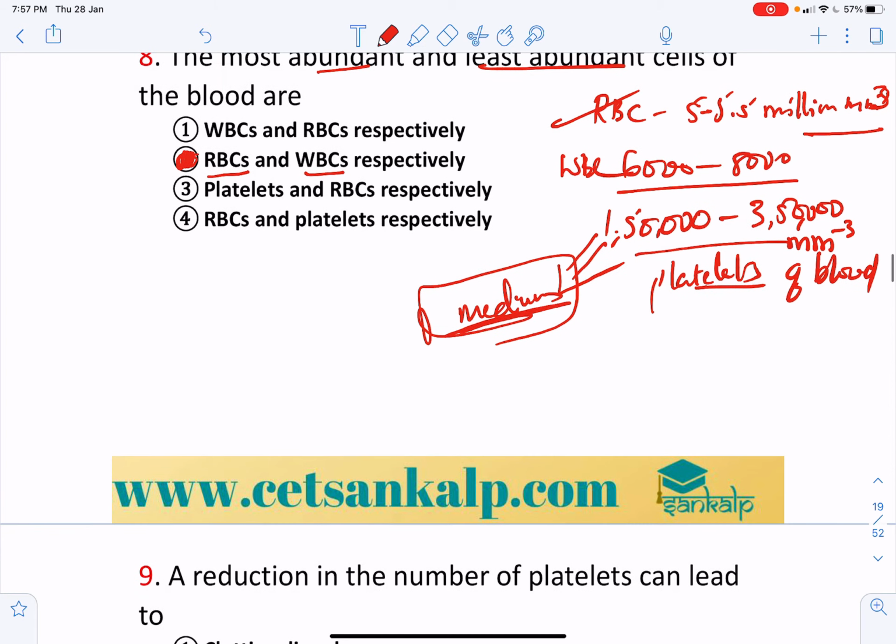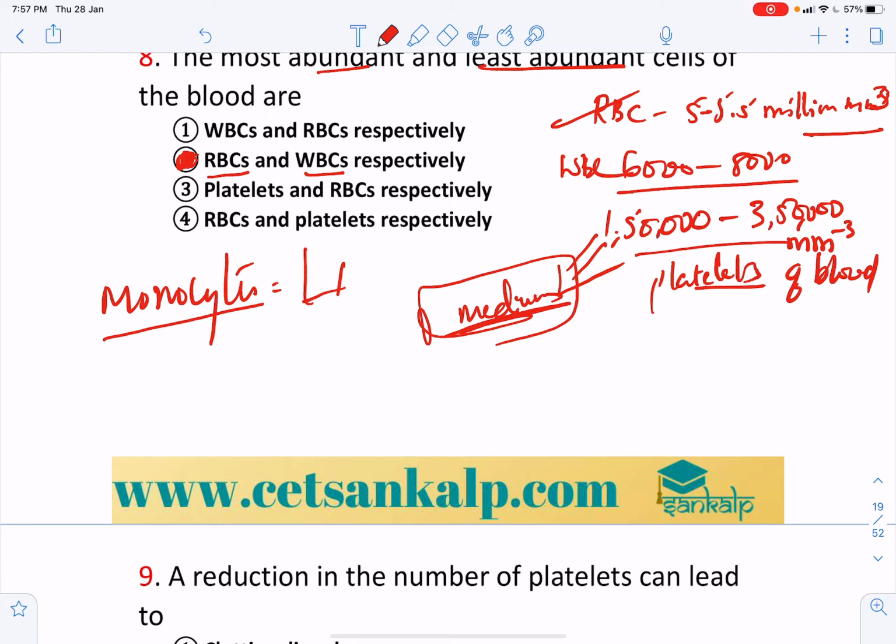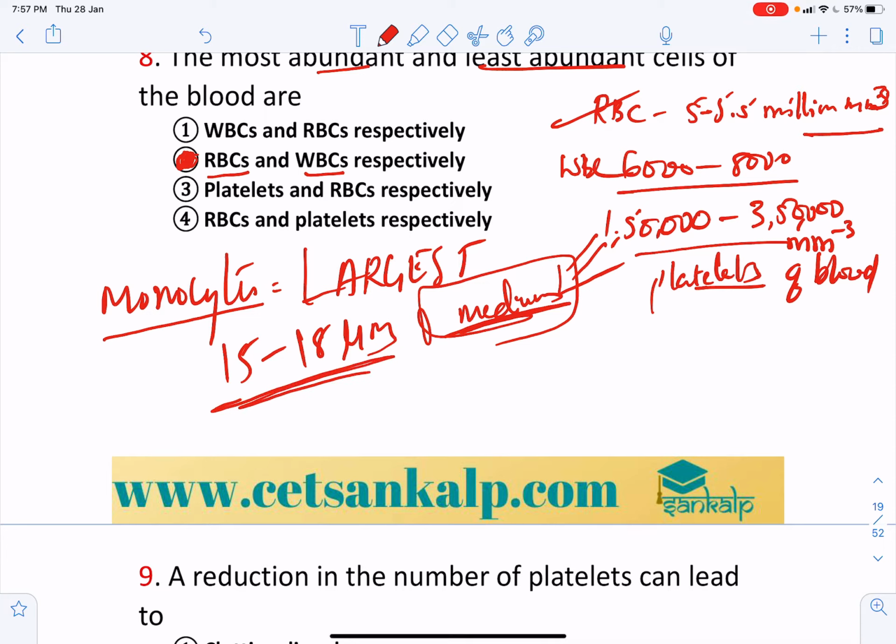And here you have to keep in mind that monocytes are the largest leukocytes. Generally they are 15 to 18 micrometer. It is more than RBC. So the largest in the body is monocytes.